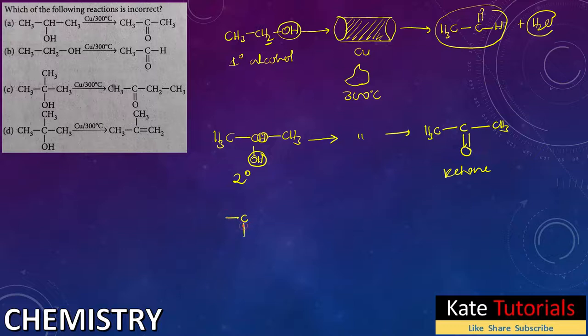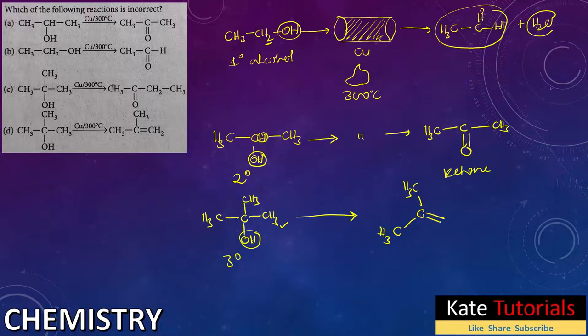What happens with the tertiary alcohol? Tertiary means OH is attached to a carbon which is attached to three CH3 groups. As soon as I put this tertiary alcohol in the red hot copper tube, OH is there but there is no H on this carbon, so it will take H from the neighboring CH3.